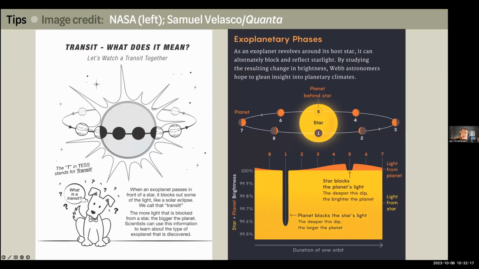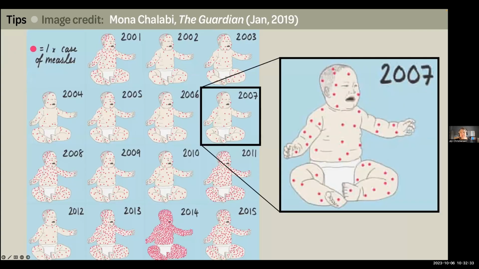A coloring book for kids, like the sample on the left here, might exclude some technical details and jargon and be rendered in a more playful style than a graphic on the same topic for adults, like the one on the right. And this wonderfully quirky graphic by Mona Chalabi for The Guardian is really well suited to engage general readers with a topic, but probably isn't a great match for an academic journal.